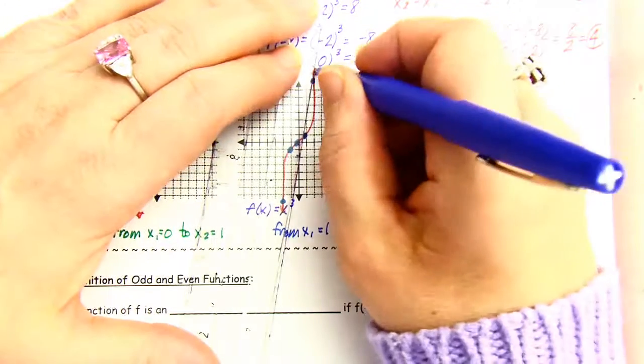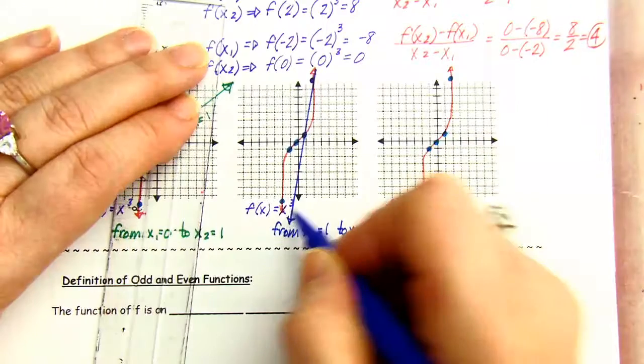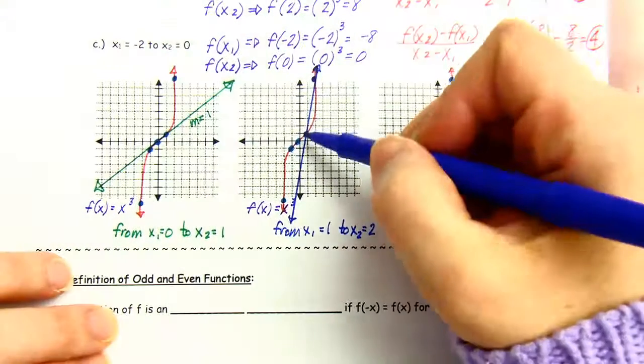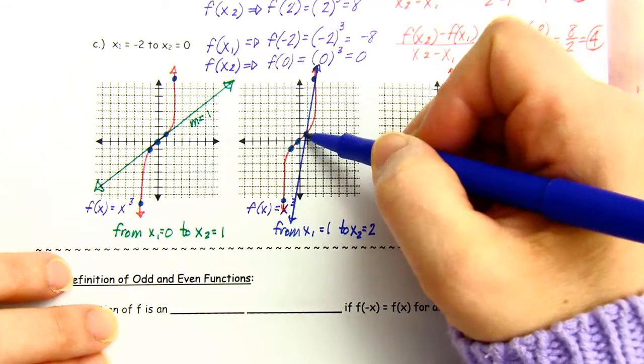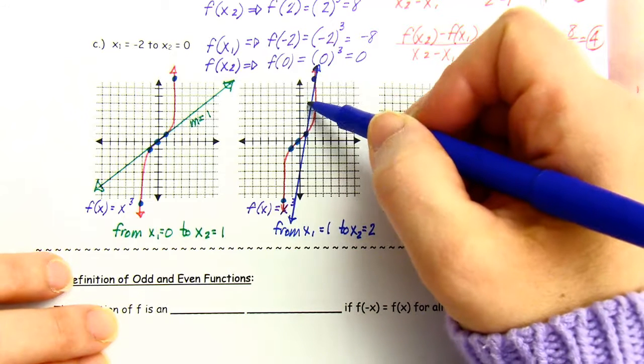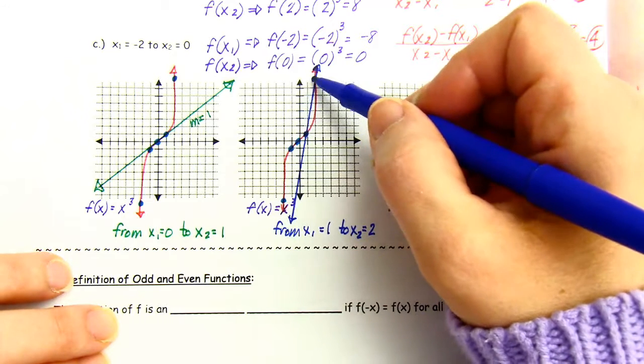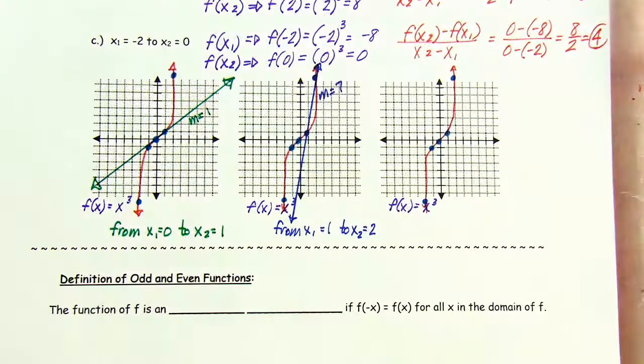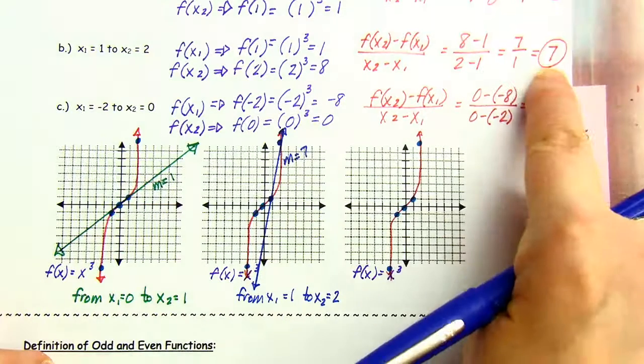And I'm going to draw my secant line and calculate the slope. From this point to this point, I'm going to rise 1, 2, 3, 4, 5, 6, 7, and run 1. The slope is 7 over 1, or 7. And again, that matches what we found algebraically right here.